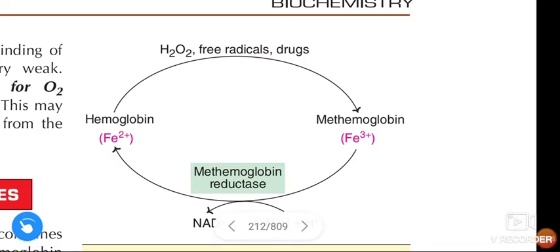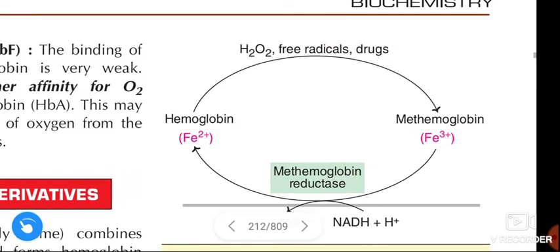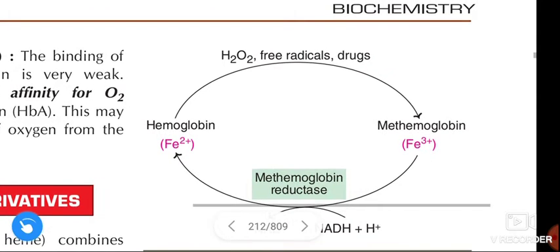See this figure. The oxidation of Fe+2, that is hemoglobin, to Fe+3, that is methemoglobin, may be caused in the living system by hydrogen peroxide, free radicals and drugs.